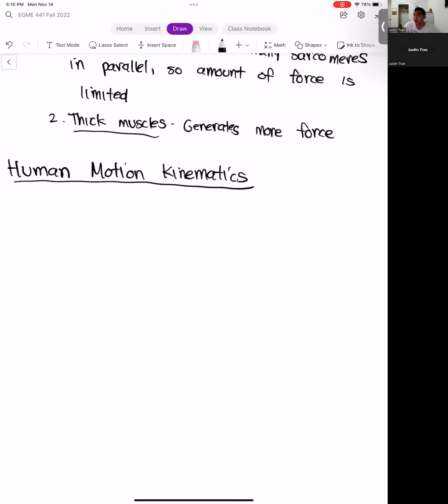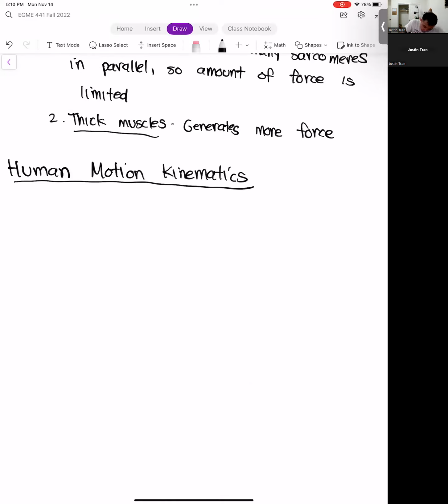In human motion kinematics, what we're interested in computing here is we want to be able to characterize the motion of the human body in terms of the joint angles and the joint angular velocities and angular accelerations.